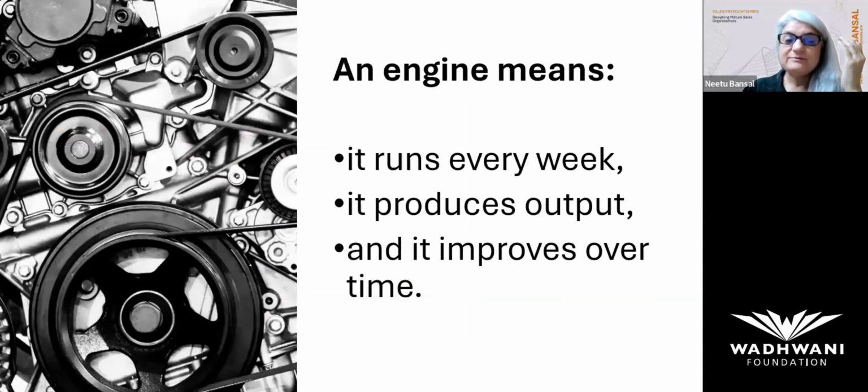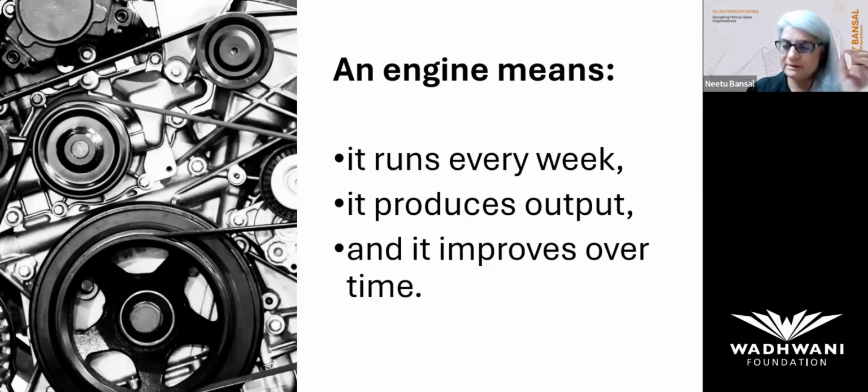Since the focus is on an engine, we're going to start by understanding what an engine basically means. And this is exactly the same logic that we are going to be building for our business. One is that it is continuously running, week after week. It produces output, so it is not just simply running. We get benefits out of it.